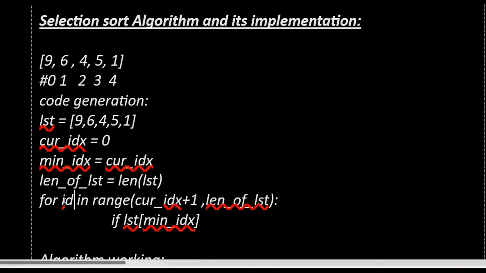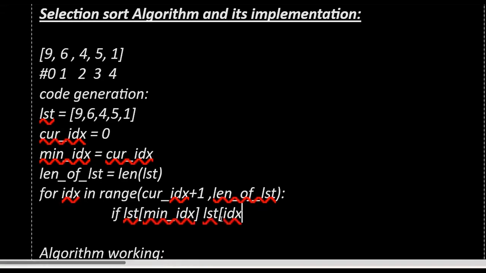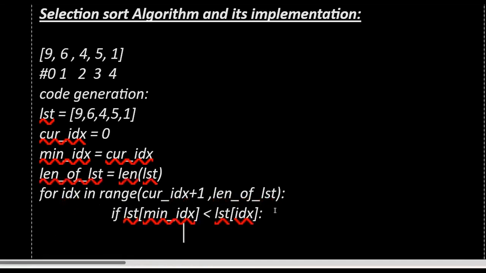If I found any index, let me say i is the variable that will store the indexes, where the element present in the list at that index is less than whatever I'm assuming as the minimum element, then I need to replace my minimum element index with that index.